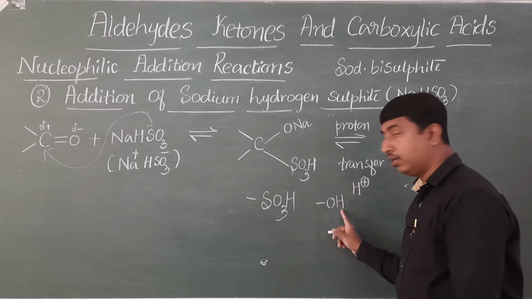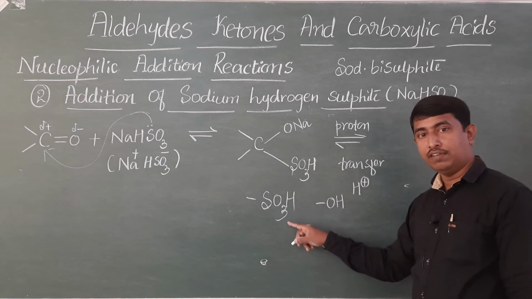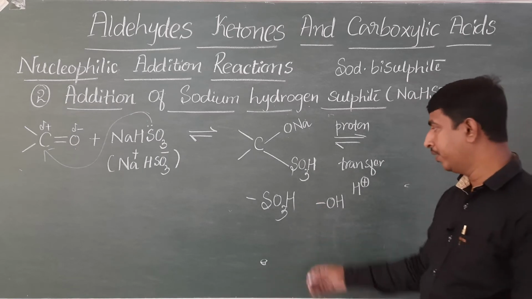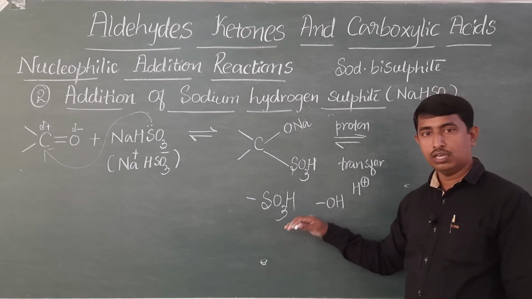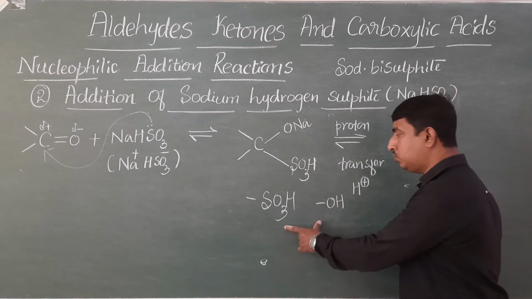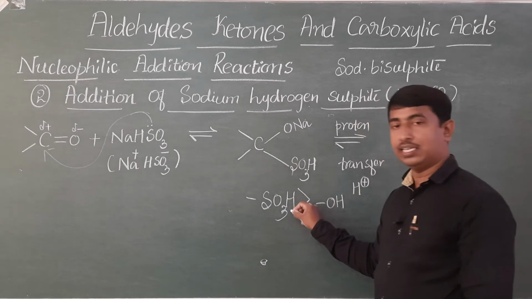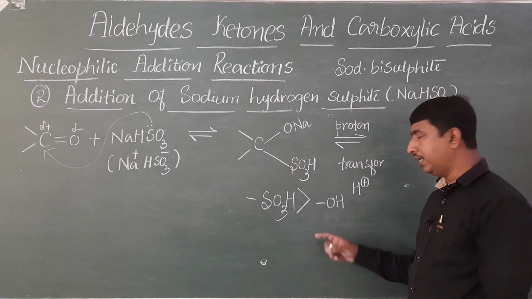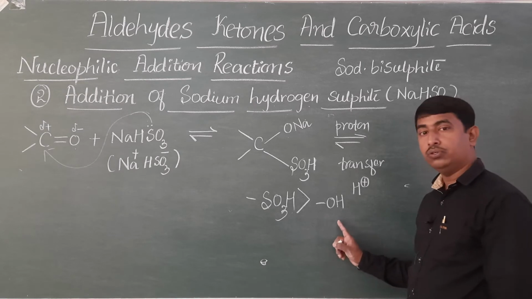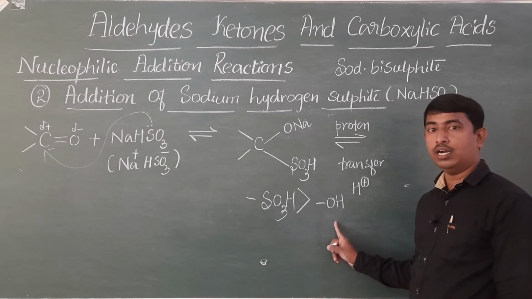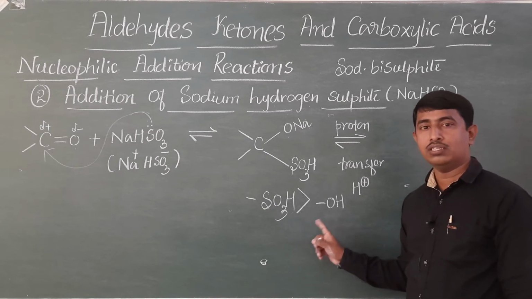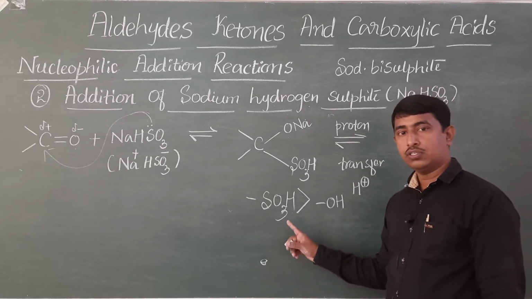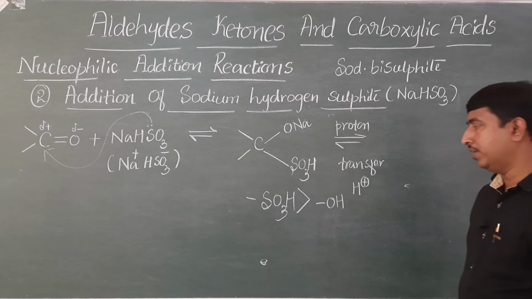If we compare the acidic nature of sulfonic acid and alcohol, alcohols are acidic in nature, and sulfonic acid is also acidic in nature. Between these two, sulfonic acid is more acidic compared to alcohol. So, alcohols are weaker acids and sulfonic acids are stronger acids.